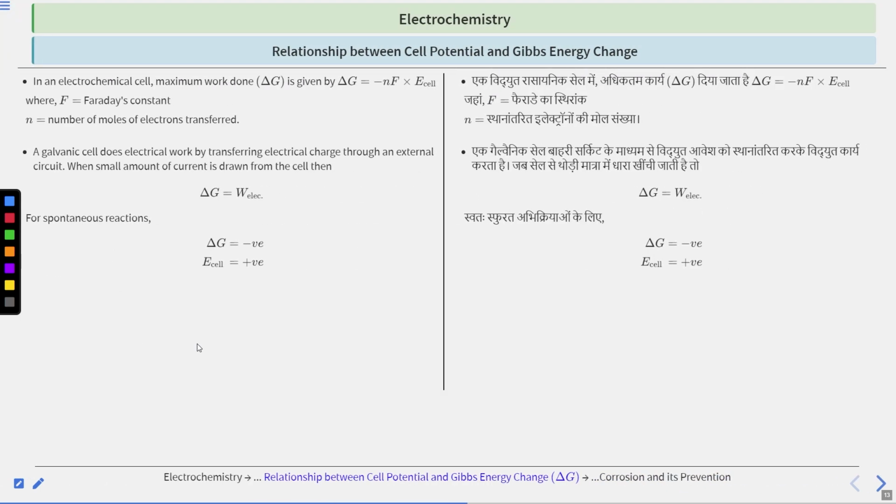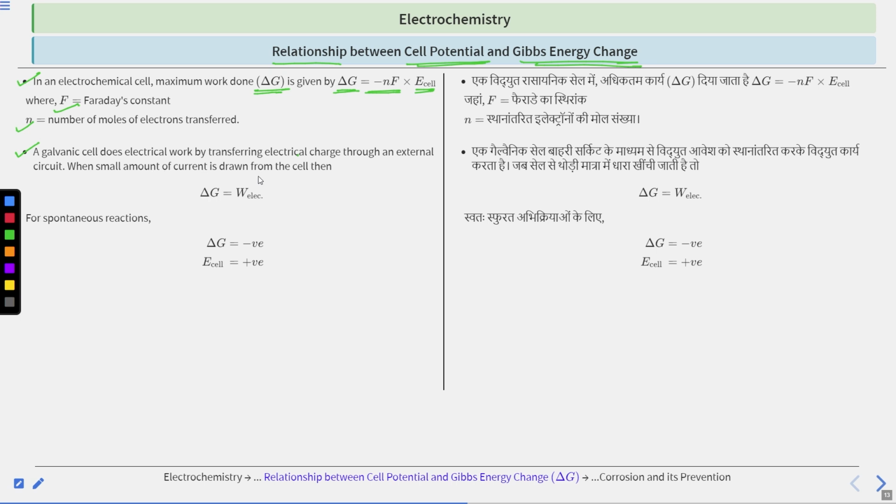Okay, so now let's see the relationship between cell potential and Gibbs energy change, that is del G. In an electrochemical cell, the maximum work done, del G, is given by del G equals minus NF times E cell, where F is Faraday's constant and N is the number of moles of electrons transferred. A galvanic cell does electrical work by transferring electrical charge through an external circuit.